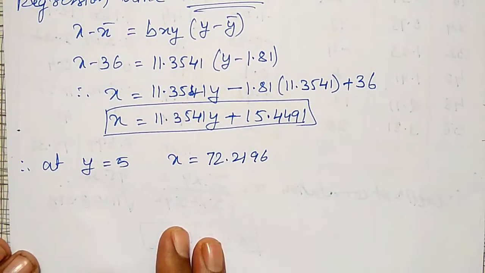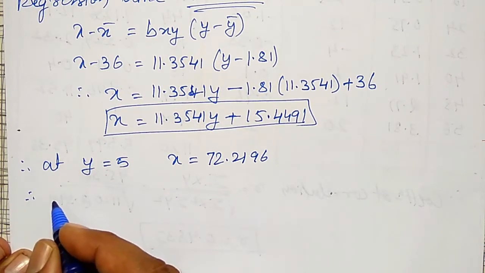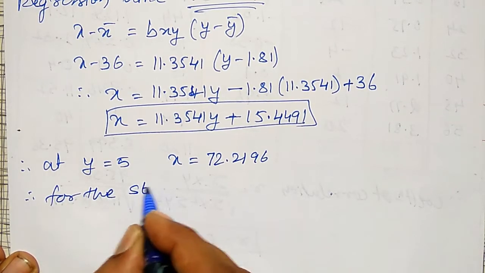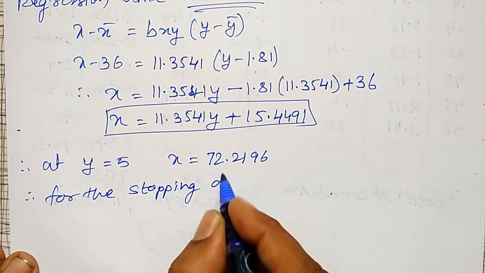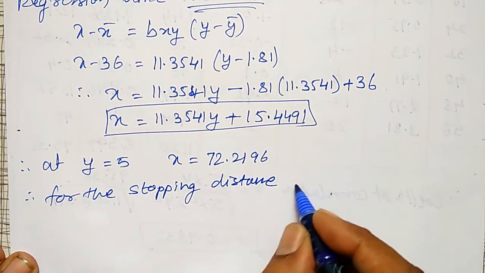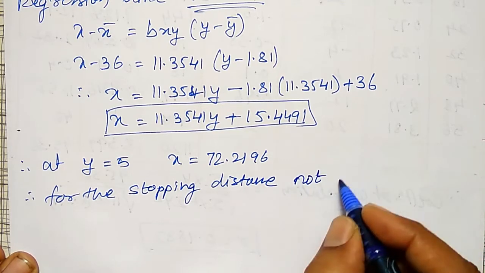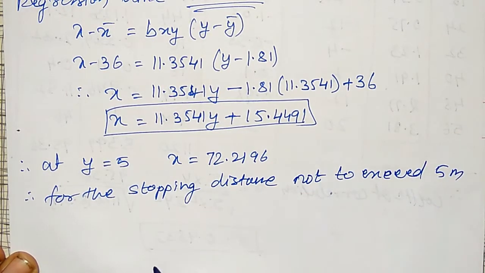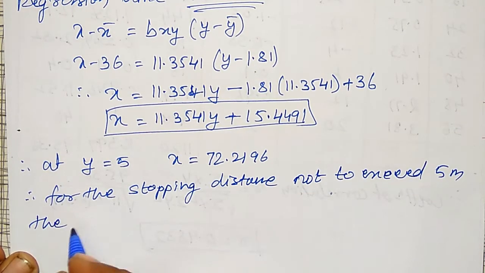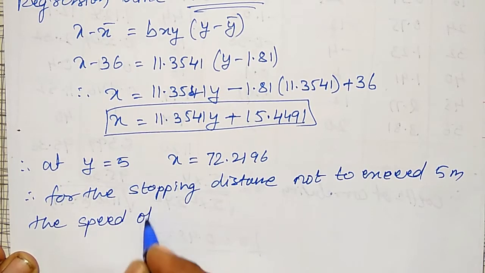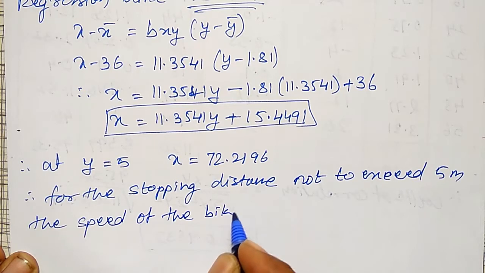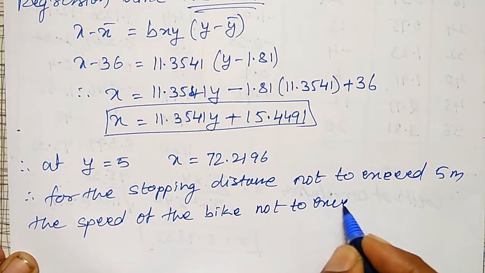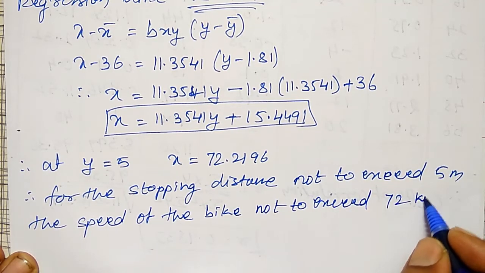Therefore, for the stopping distance not to exceed 5 meters, the speed of the bike should not exceed 72 kilometers per hour.